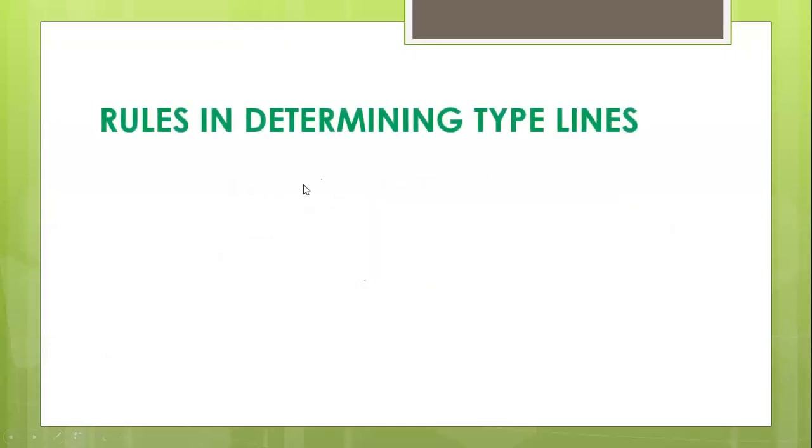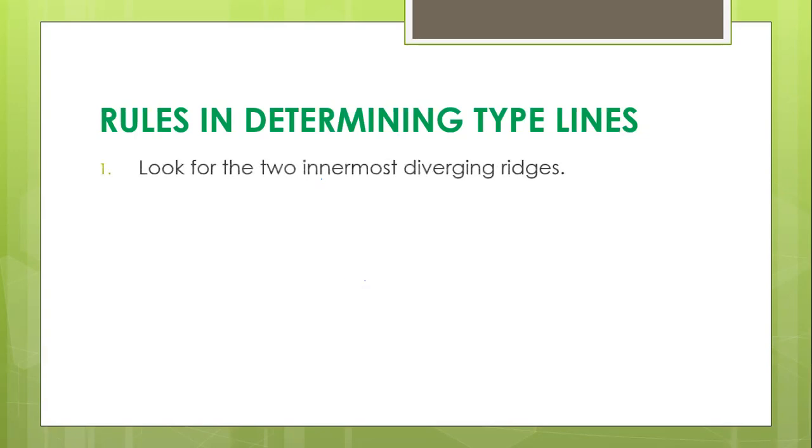Rules in determining type lines. So, unang-una, yung titingnan natin is to look for the two innermost diverging ridges.